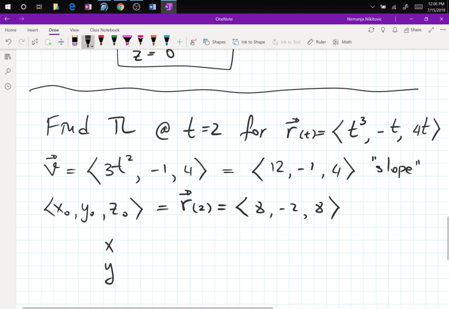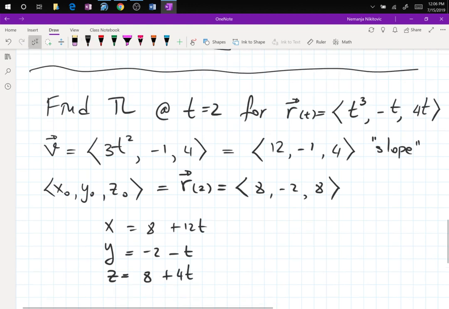So x, y, z: the point is 8, negative 2, 8. And the slopes are 12, negative 1, and 4. So plus 12t, negative t, plus 4t. And this gives us the tangent line, the 3D tangent line.